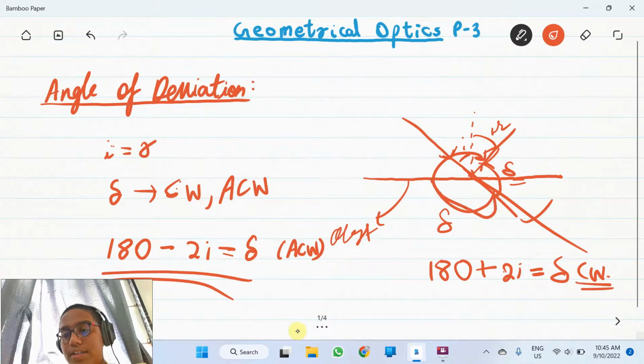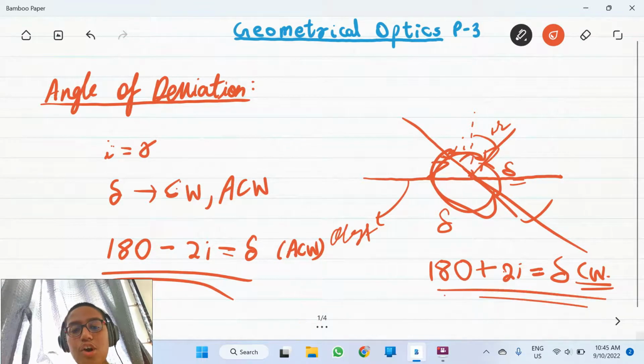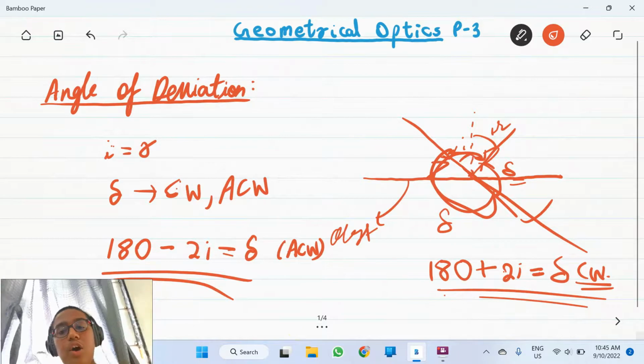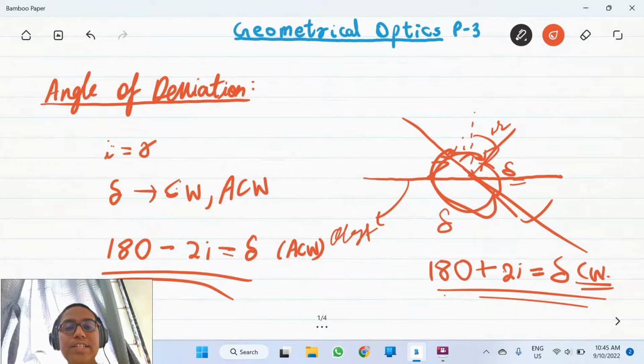See, this is 180 degrees and further this is 2i. So it's 180 plus 2i equals the angle of deviation clockwise. Okay. Always go by basics while solving questions. They can trick you, and sometimes it may happen that the formula is not working. Never learn the formula for this thing. Okay. Let's move on.